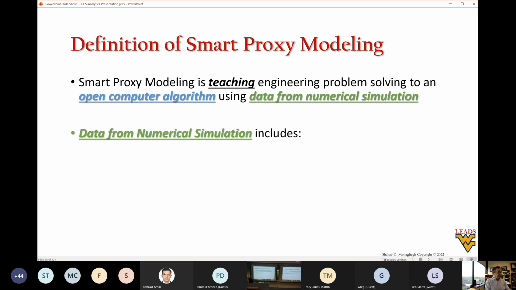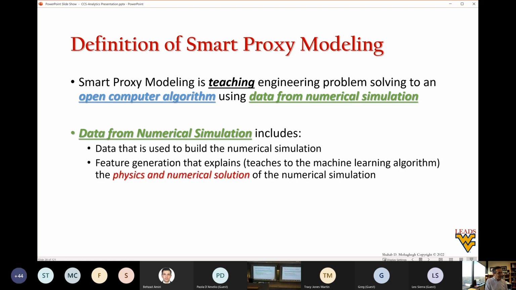I'm going to define those. Data from numerical simulation is what you use for teaching this problem solving to the open algorithm. It includes data that is used to build the numerical simulation, which you get very easily.